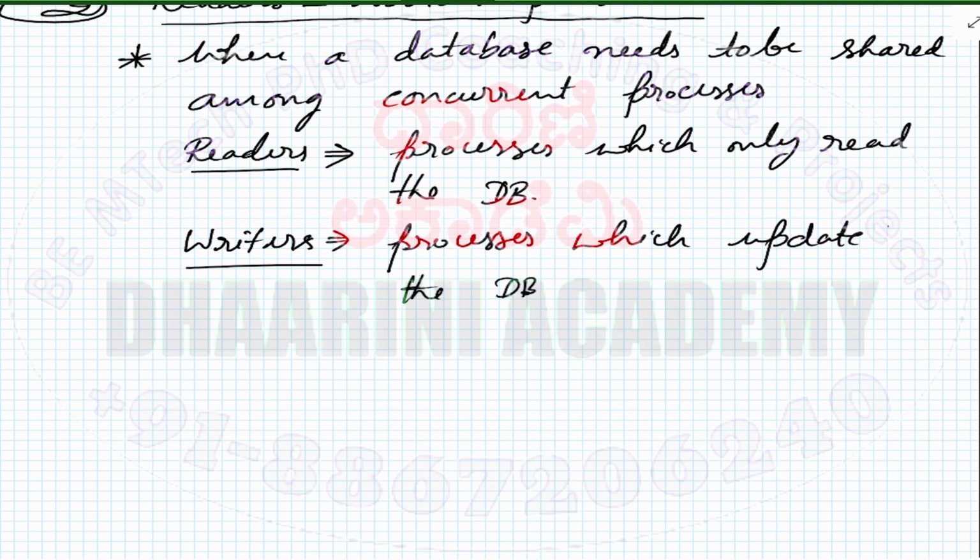It can be a value of a particular cell in the whole structure, or it can be a whole row in a table or column in a table, etc., right? So mostly, whoever performs the update operation, we call them writers. So if two readers access the shared data simultaneously, we have no problem.